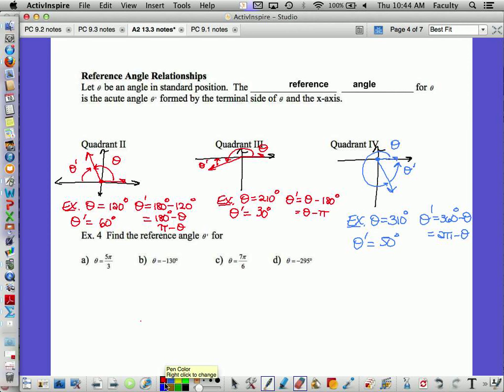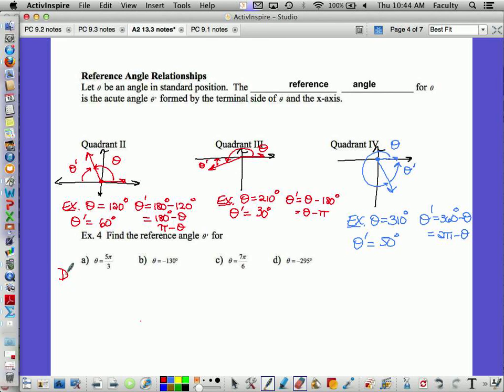It says find the reference angle theta prime, and in letter A, theta's 5 pi over 3. And I need you to learn how to work with your radians. Theta prime needs to be in radians. But you do need to think about where the angle is. I need to know what quadrant I'm in.